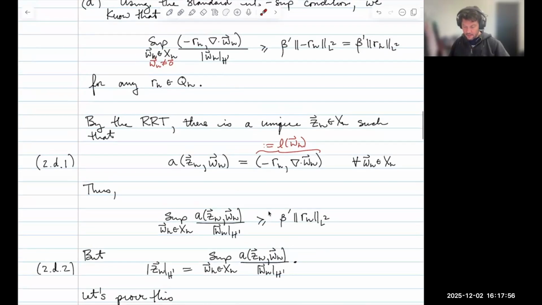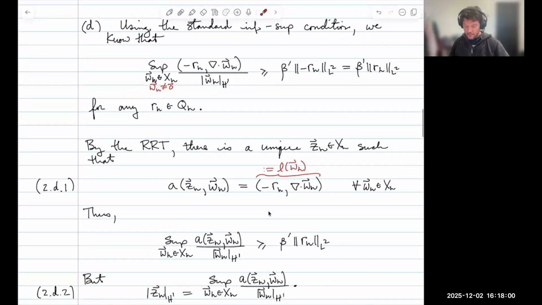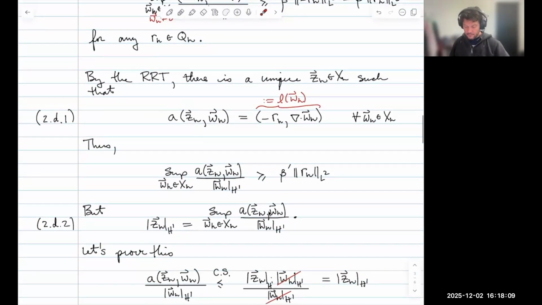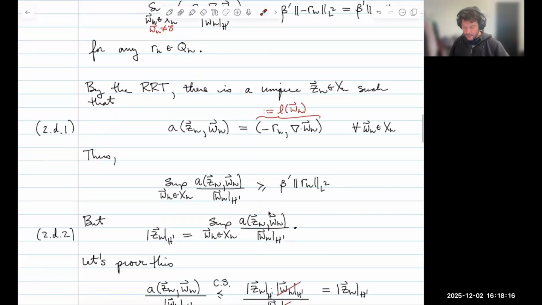The first thing we're going to do now is plug this into the inf sup inequality that we were just playing around with. Well, if I do that, let's see what we get. This object appeared in the numerator in my quotient here, and I can now replace that with AZHWH because of this equality here.